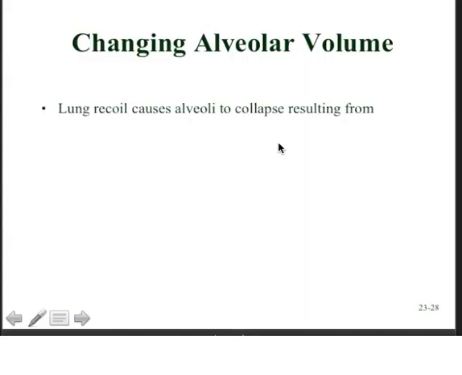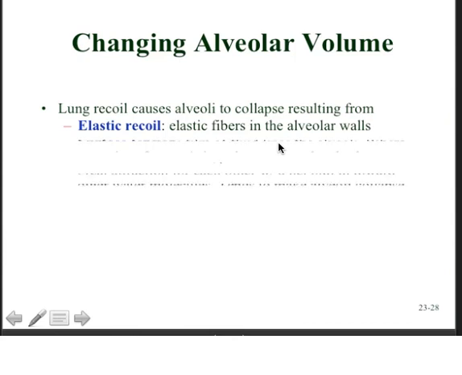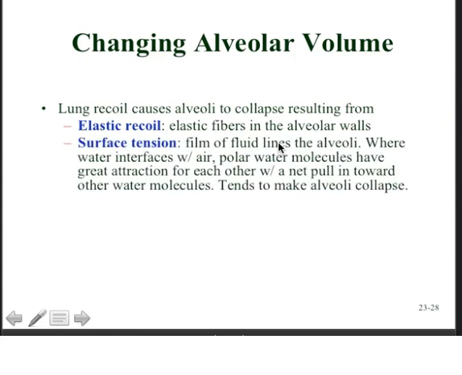Okay, so let's address changing alveolar volume. Lung recoil causes the alveoli to collapse, and this results from elastic recoil, where elastic fibers in the alveolar walls recoil, and then surface tension, which is just the attraction of the water that lines the inside of the lungs for itself.